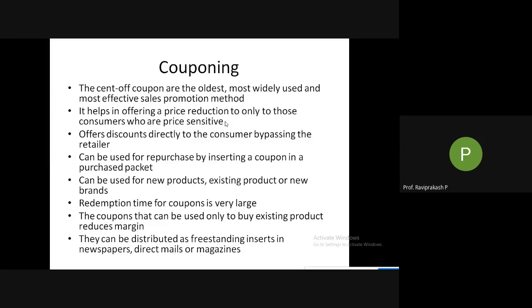Then, coupons can be used for repurchase by inserting a coupon in a purchased packet. Earlier, when you opened a box, you would get a coupon inside. The coupon can be redeemed when you buy the next product.